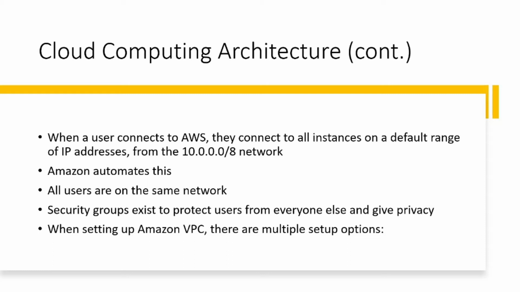All users are on the same public network unless otherwise specified. Security groups exist to protect users from everyone else and give privacy, meaning if I'm on the same public network that everyone else is, I'm going to have security groups which will protect me and protect my data that's on Amazon's server.